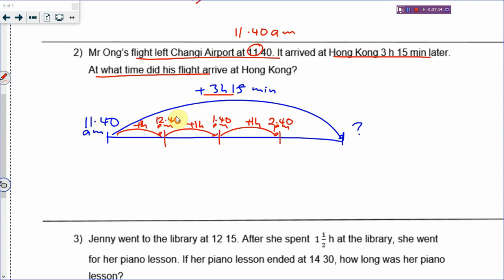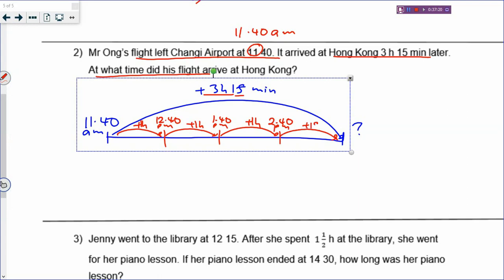Then you need to jump another 15 minutes. So how to jump 15 minutes? You plus 15. And what time did the flight arrive at Hong Kong? So 2:40 plus 15, you take 40, which is the minutes, plus 15, that will be 55. So the flight arrived in Hong Kong at 2:55 p.m. So that's your answer.